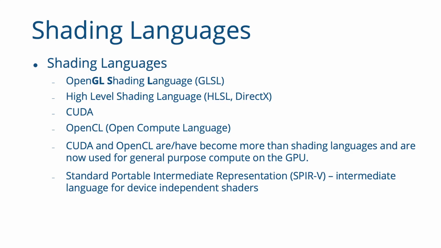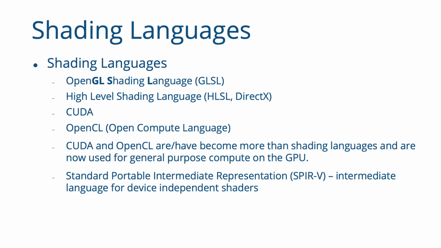And so the GPU began to be used for more than just graphics processing, and this is known as GPGPU computation, so general purpose GPU computation. So CUDA has now evolved to become more than just a shading language used for computer graphics. It is also used for general purpose compute on the GPU. That is how all your machine learning libraries like TensorFlow and PyTorch are accelerated by the GPU by using the general purpose compute side of CUDA.